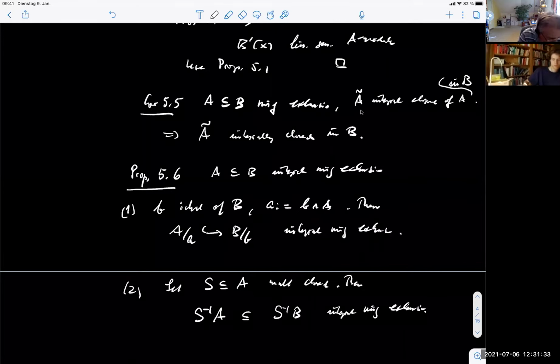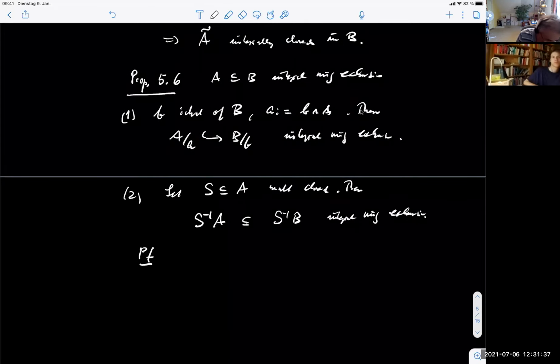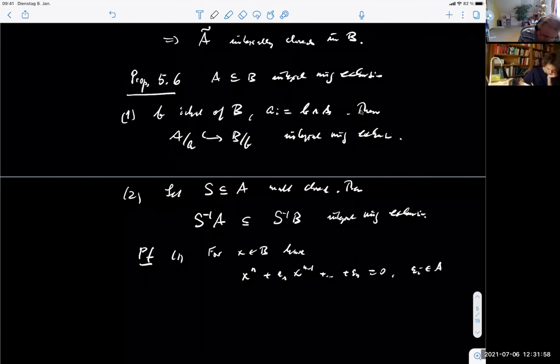Let's do the proof. Really simple. Actually, there's nothing to do. So for x in B, I have an integral equation, with the coefficients in A. Now I just apply my homomorphism.